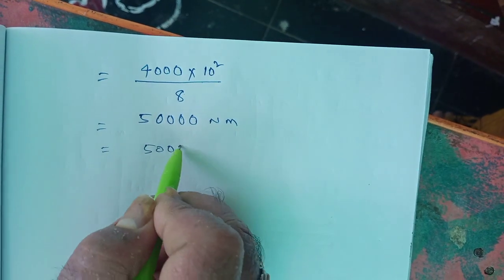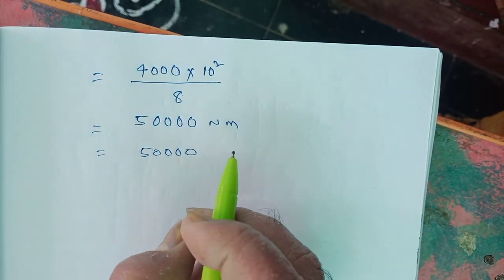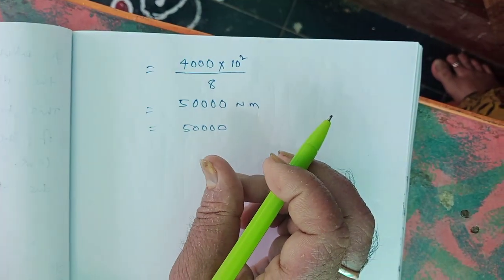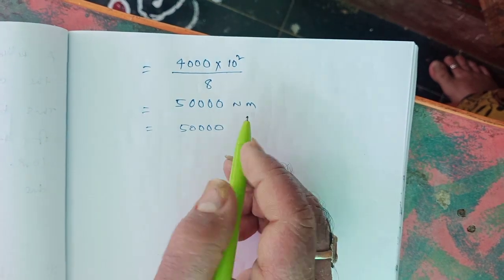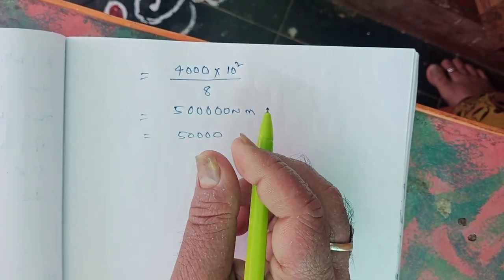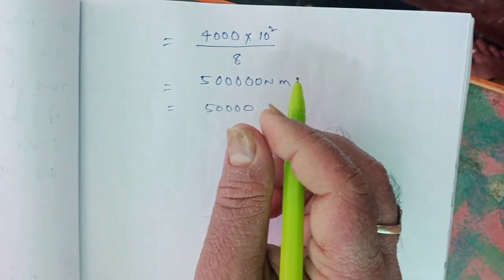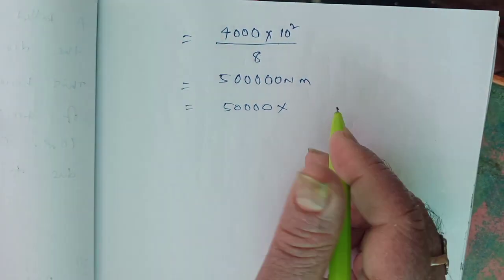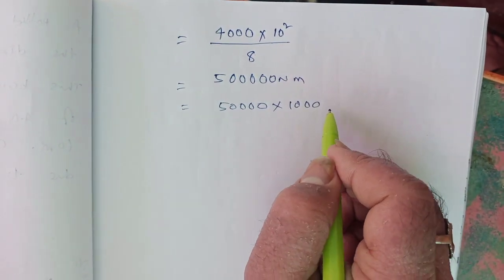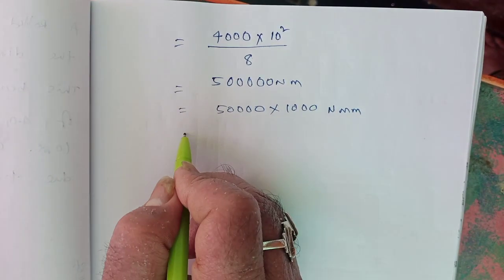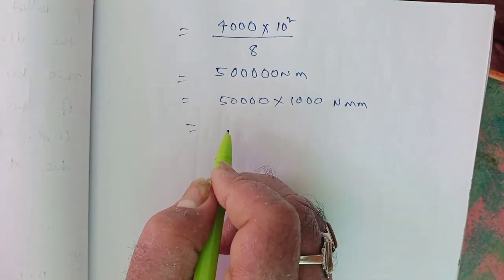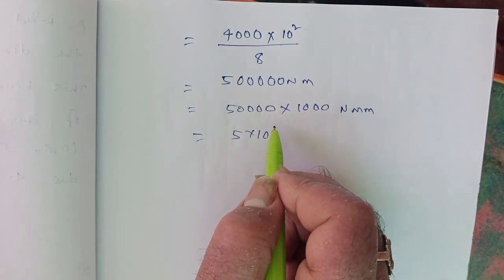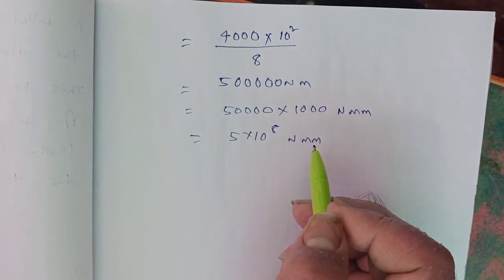So, sorry, this is 5 lakh into 1000 Newton millimeter, which is equal to 5 into 10 to the power of 8 Newton millimeter.